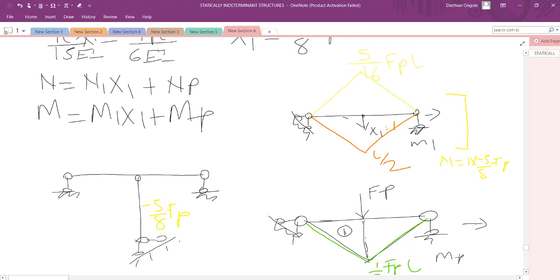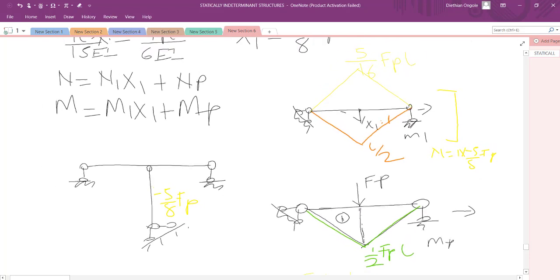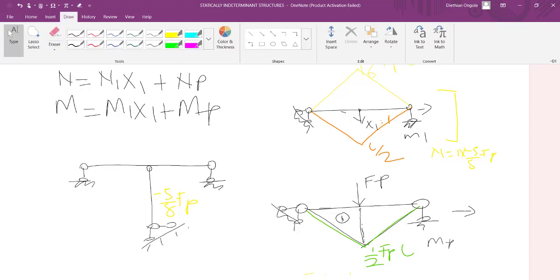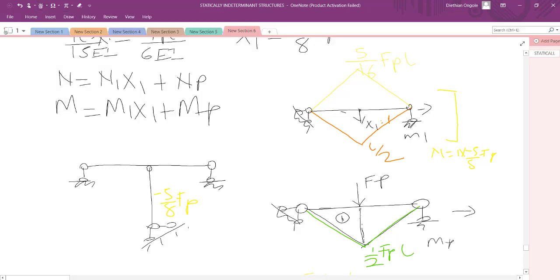Now to come up with my final value of the moment, I get the 5 over 16 and subtract a half from it. 5 over 16 minus a half, we get negative 3 over 16. So negative 3 over 16 means our bending moment diagram remains on the lower side.